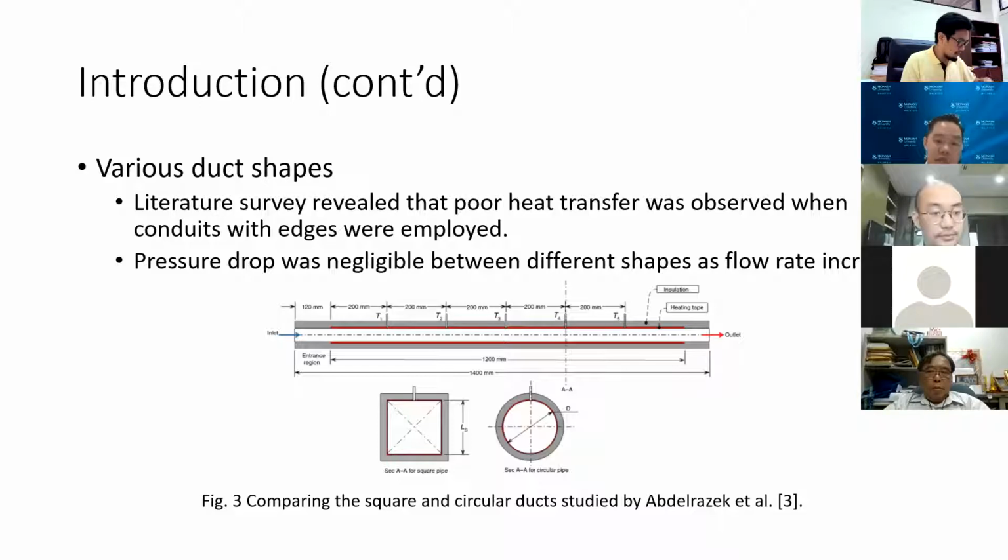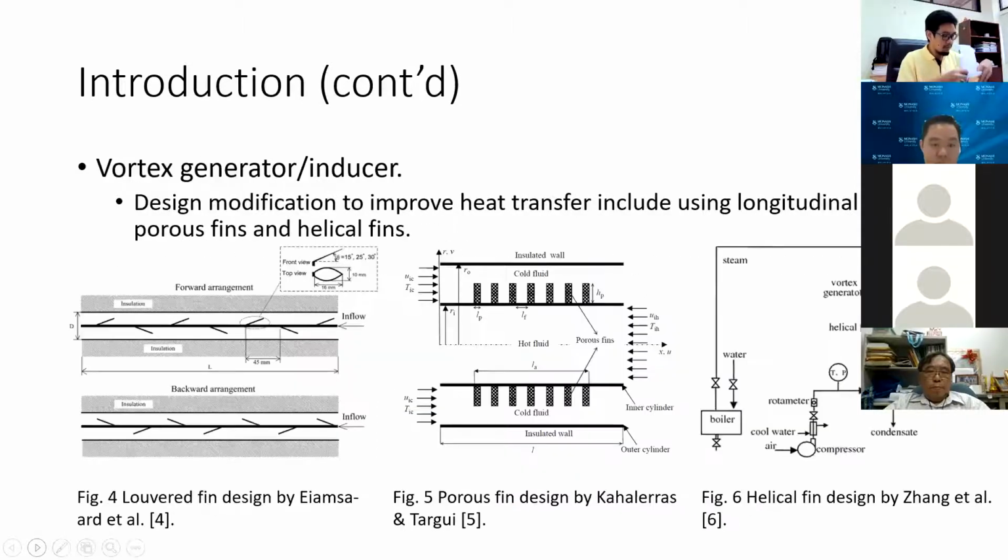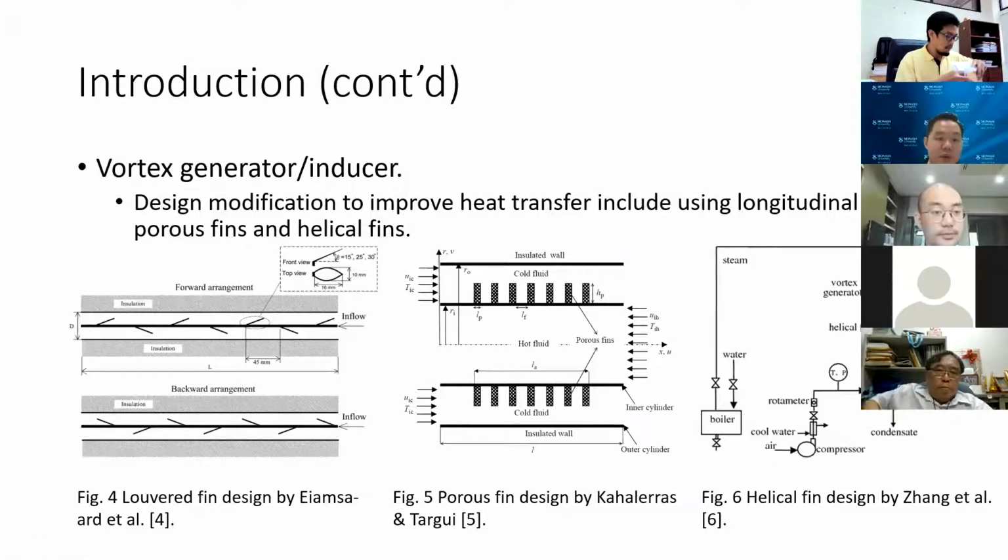And pressure drop was negligible between different shapes as flow rate increased. This is the vortex generator or inducer. We have a louvered fin in figure 4, porous fin in figure 5, and helical fins in figure 6. These design modifications to improve heat transfer include using longitudinal fins, porous fins, and helical fins.